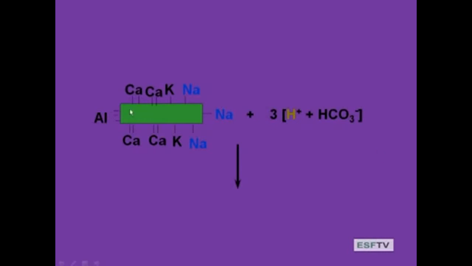Okay. So we're really adding H plus and HCO3 minus. So there's some dissociation. So now in solution, we have H plus and HCO3 minus. Okay, so this H plus can displace some of these cations. The first one to go, for reasons which will become apparent later, is sodium, okay, Na pluses.